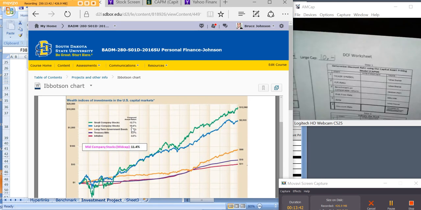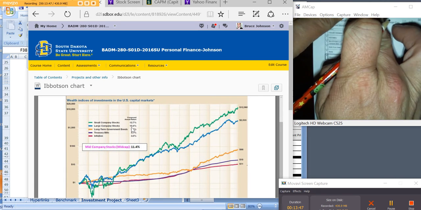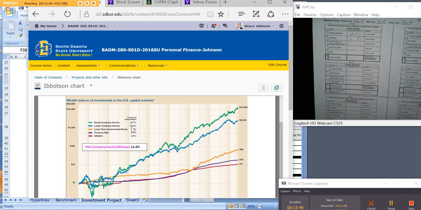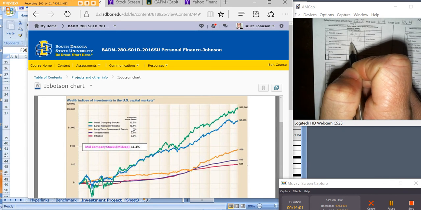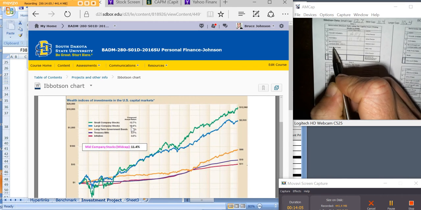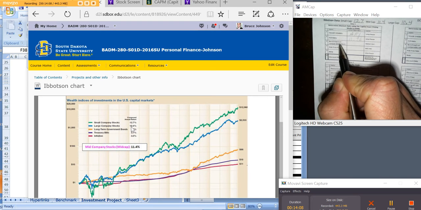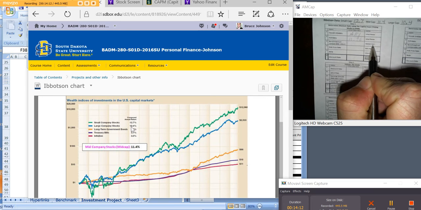Once we have that, we're going to go back to AFLAC. And I'm going to see if I can't find a pen. All right, so we've entered in AFL for the ticker symbol, and we've entered in 11.96 for the P/E. The next piece of information we need is a benchmark on comparable return. And over here, if you can read this, it comes from the Ibbotson chart.